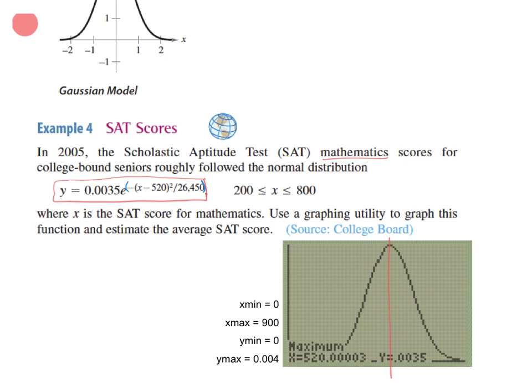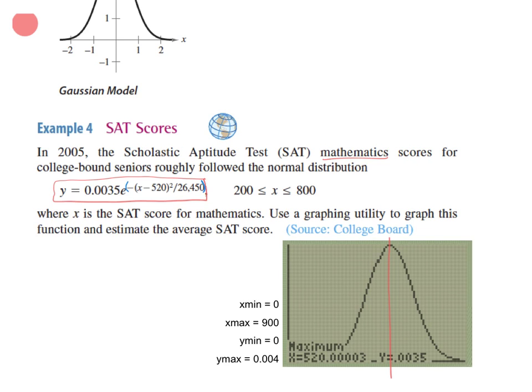The other thing is, these ones are hard to fit in your window. The x shouldn't be hard because it says do x from 200 to 800. But the y is hard because the max here is at 0.0035. So you're going to be messing around with the y to find the highest this thing actually goes, which is 35 10,000ths.